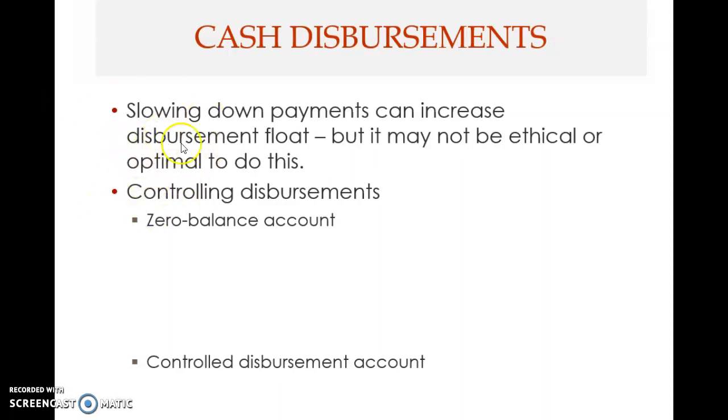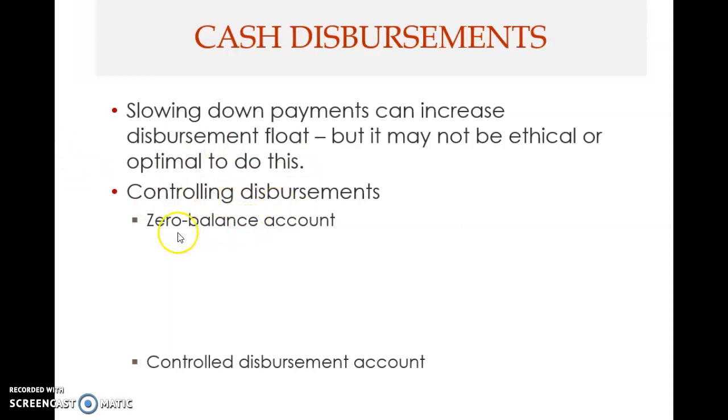Sometimes the suppliers would not want to deal with you if you keep doing this, and therefore it's not optimal. So the idea is you try to increase the disbursement float without affecting your relationship with the supplier. There are some methods that you can use.